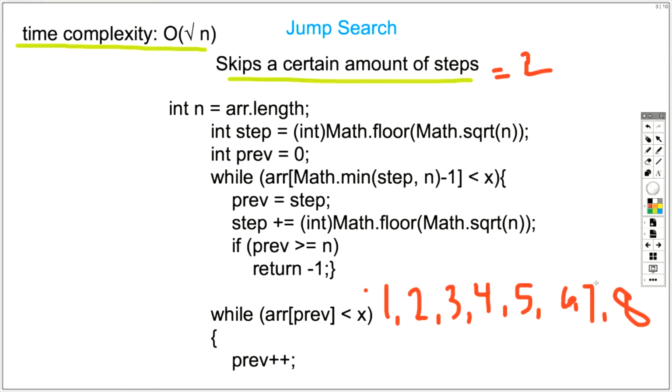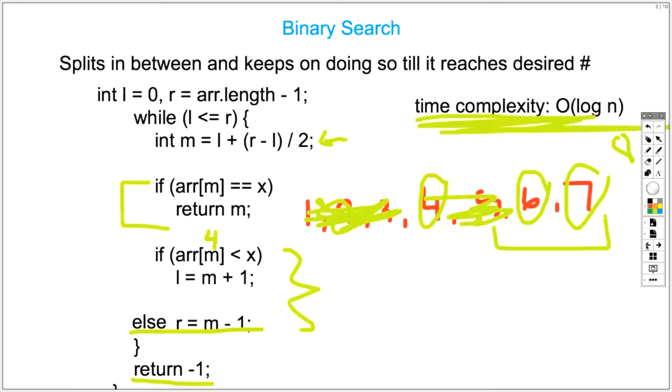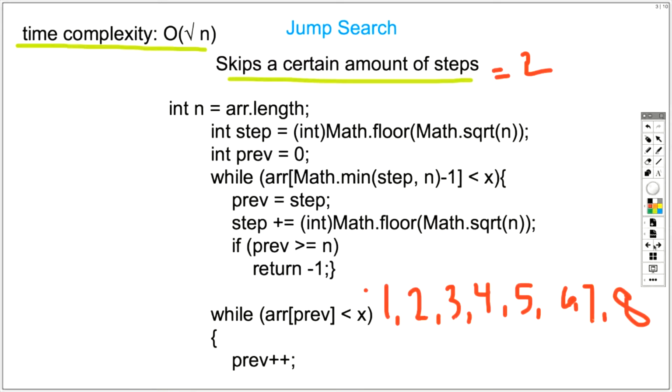The reason why we pick this method over binary search is that jump search only goes back one time, whereas binary search may go back multiple times. So that's the reason why we favor jump search, if that makes sense.